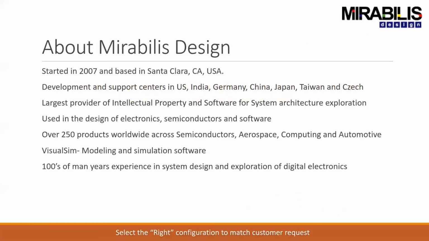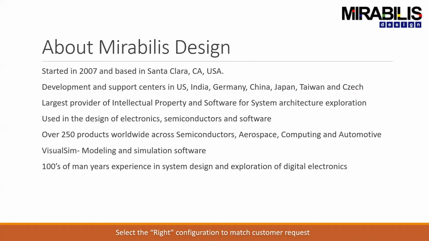Just a quick introduction to Mirabilis Design. We've been around since 2007. We started off primarily with building large network systems and then gravitated to semiconductors and also to IP. We've got development and support centers across the world, so anywhere you are, we're within a few hundred miles of you.